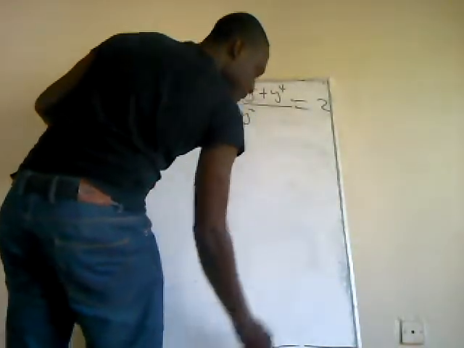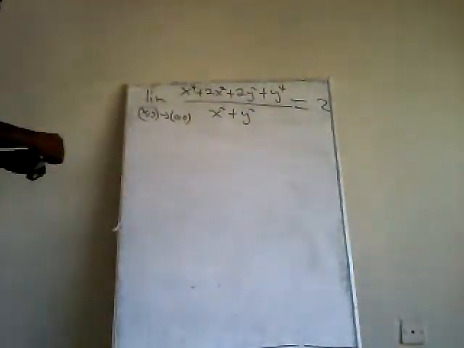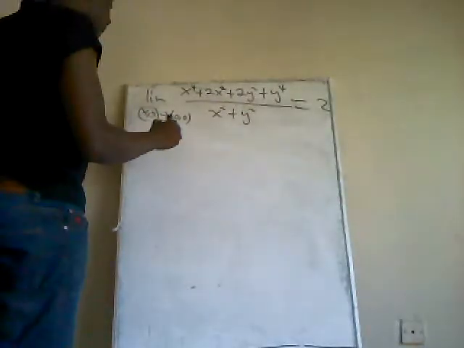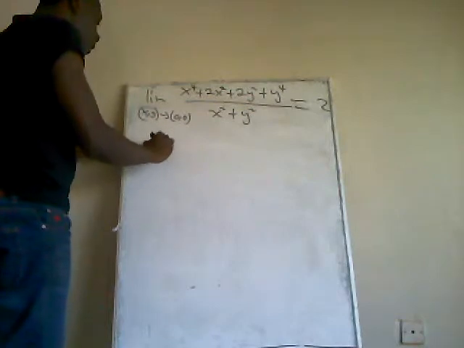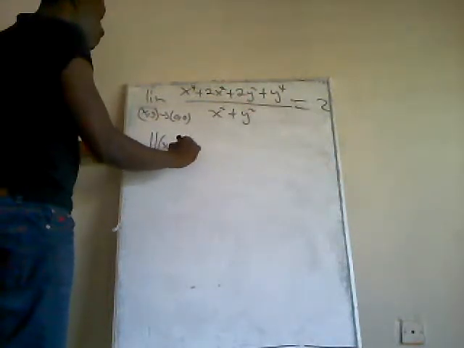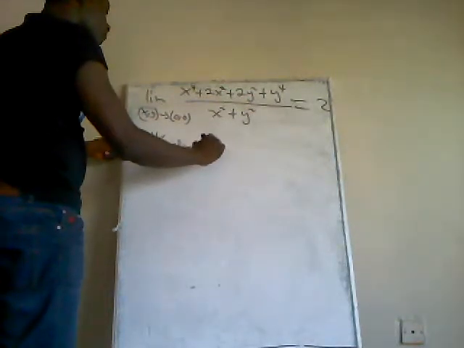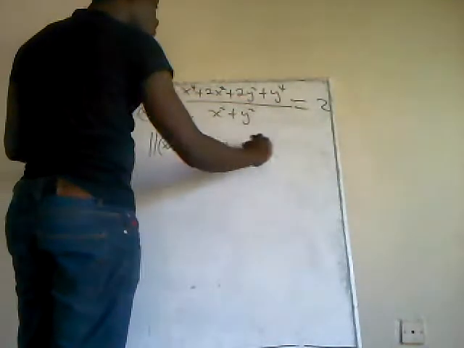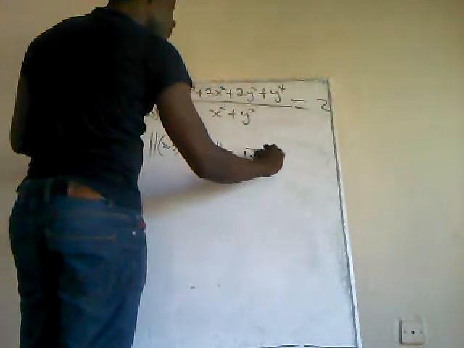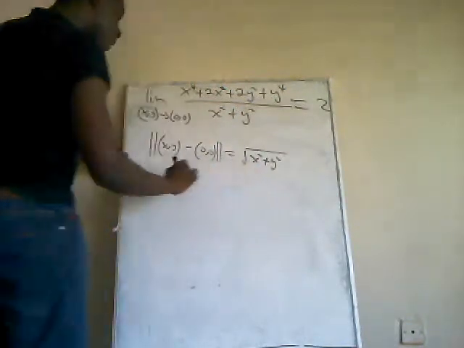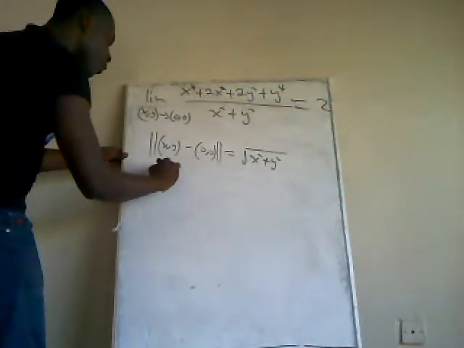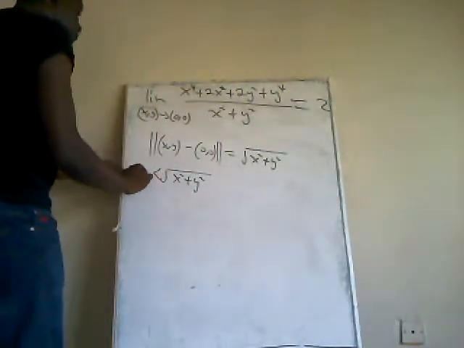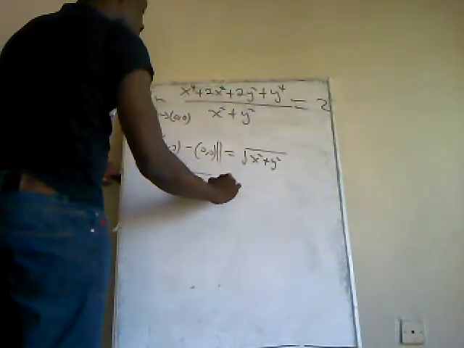Now let's begin with the distance between the point P and A. Remember, P is (x, y), so the distance between (x, y) and the point (0, 0) is just the square root of x^2 plus y^2. Now we claim that the square root of x^2 plus y^2 is between 0 and delta.